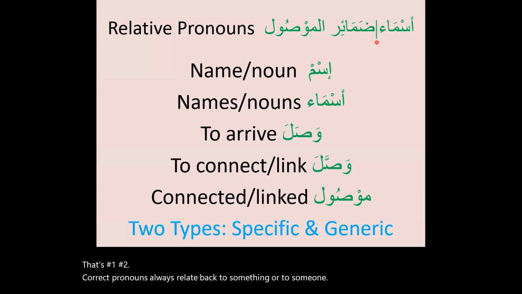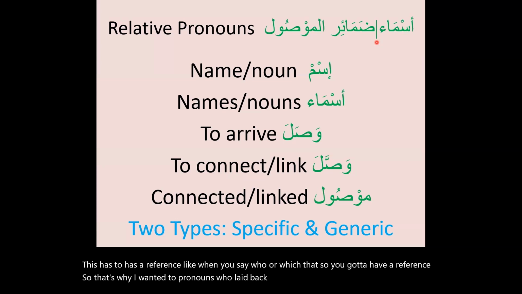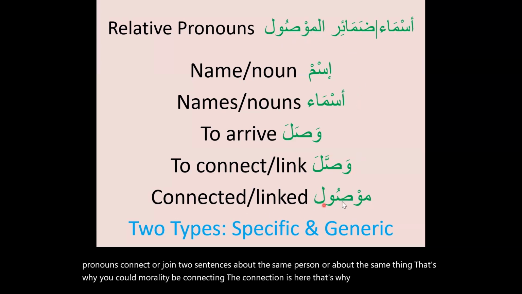This has a reference, like when you say who or which, that, you have to have a reference. And also relative pronouns connect or join two sentences about the same person or the same thing. That's why you call it relative, the connecting. The connection is here. That's why mawsul is the connected.